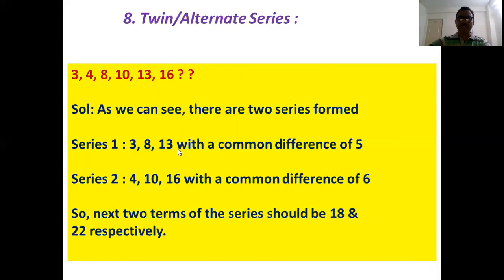So I can say the next term will be 13 plus 5, that is 18. And if you follow series number 2, that is 4, 10, and 16, it has a common difference of 6. So you can say the next element after 16 will be 16 plus 6, that comes out to be 22.